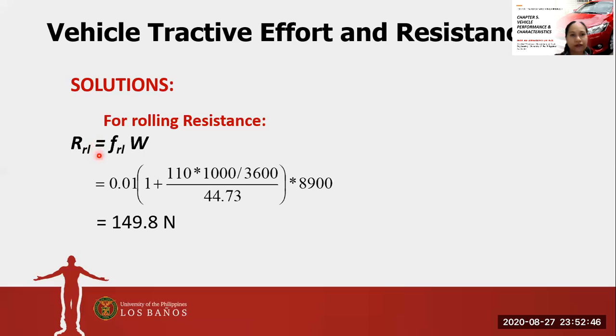Now, we solve for the rolling resistance. We have the formula of f is equal to 0.1 times 1 plus V over 44.73. So substituting the V we have here, and then we multiply it with the weight of the vehicle, which is 8,900 newtons.